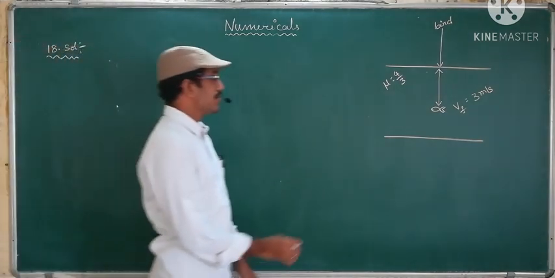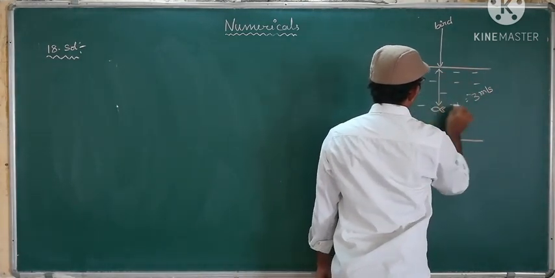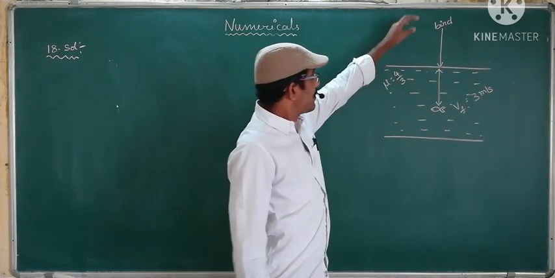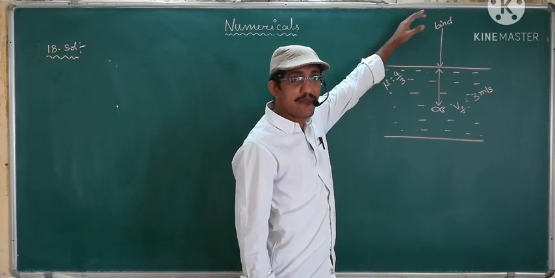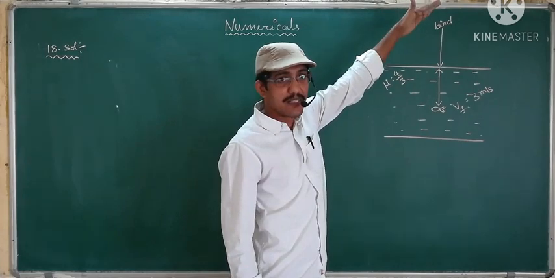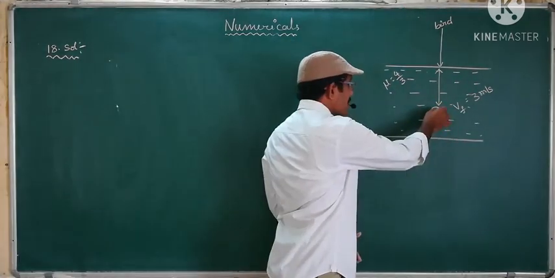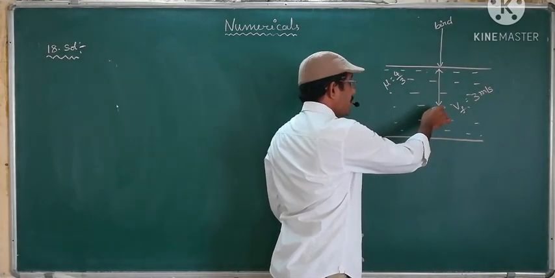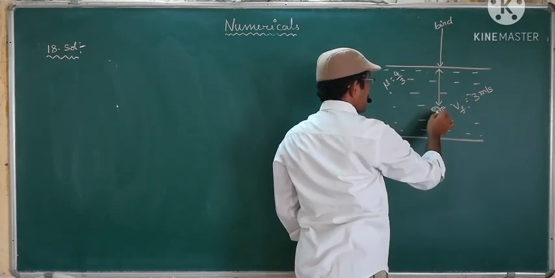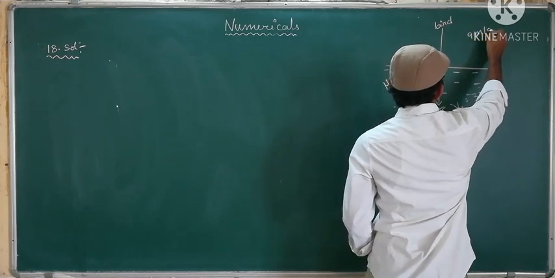Next, question number 18. This is a fish-bird problem. A bird is diving from a certain height towards the fish, and the fish observes that the bird is diving towards it with a velocity of 9 meters per second.